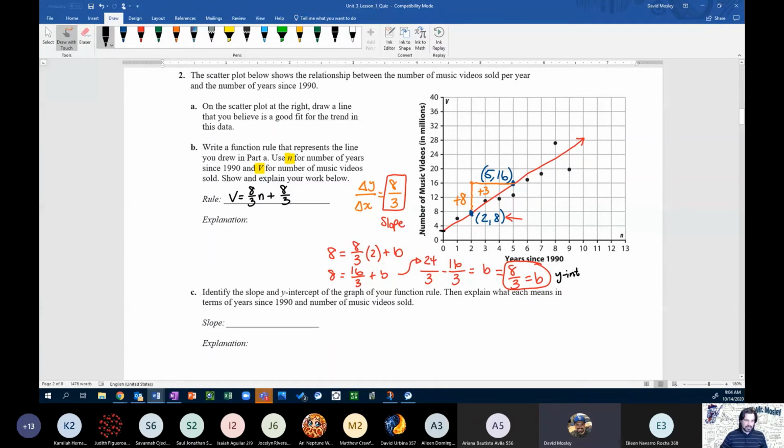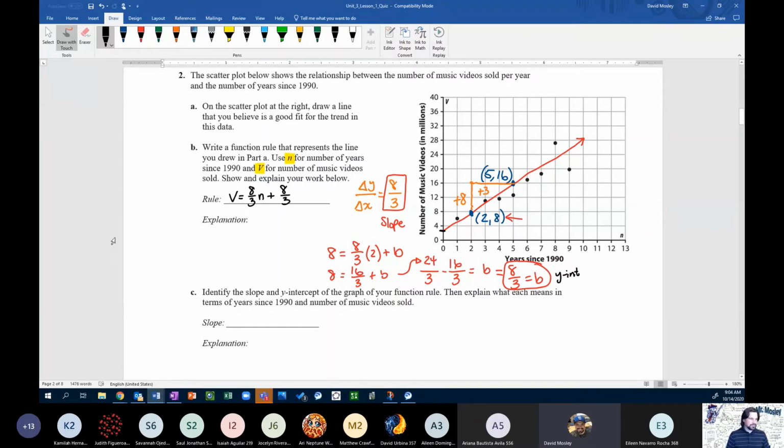Okay, so good question, Eileen. Eileen's asking, how did I get 24 over 3 to replace this 8? All right, so I had to convert 8 into a fraction over 3 so I could subtract the fraction that was also in thirds.